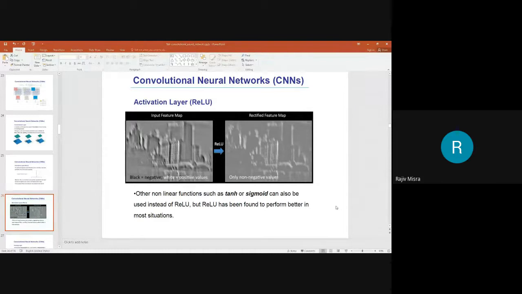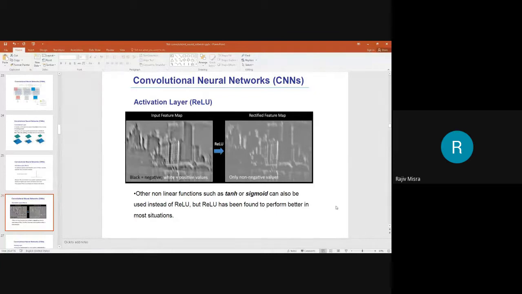So we have talked about the convolutional layer, and then the activation layer, and one such activation function, that is ReLU, we have discussed. Here you can see that black is a negative value and white is a positive value.